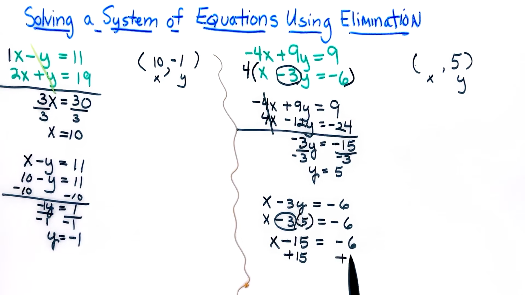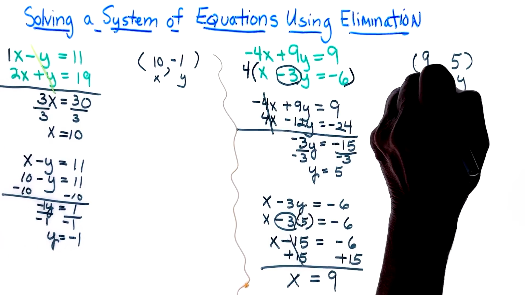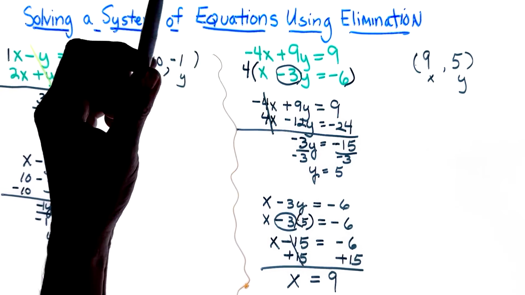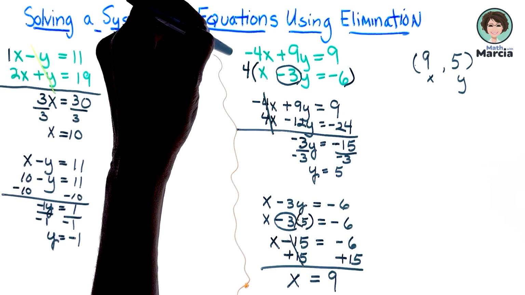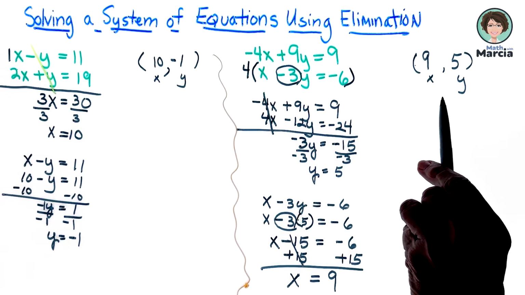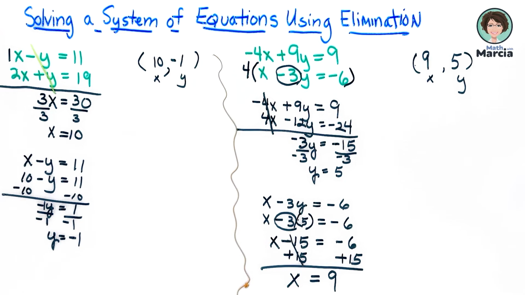And I'm going to do that to both sides. And this cancels out, and I end up with x is equal to -6 plus 15 is a 9. So our ordered pair that makes each of the equations true on its own is when x is 9 and y is 5.